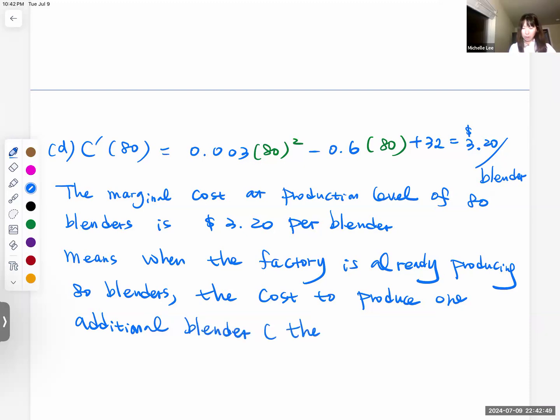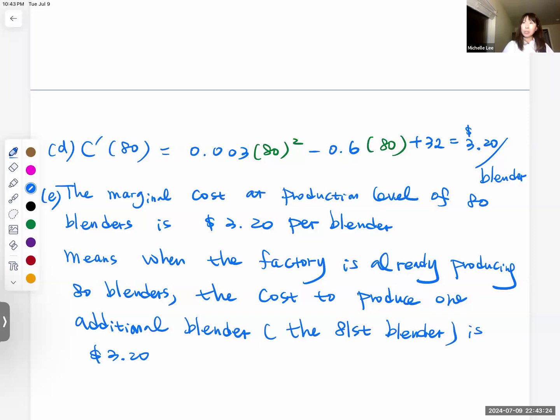So the 81st blender is $3.20. Okay? Yeah, this one we can call the A part, the interpretation about the definition of marginal cost.